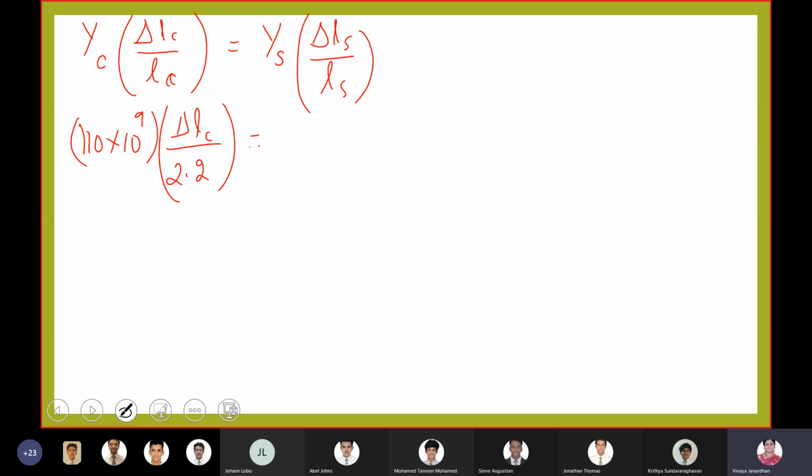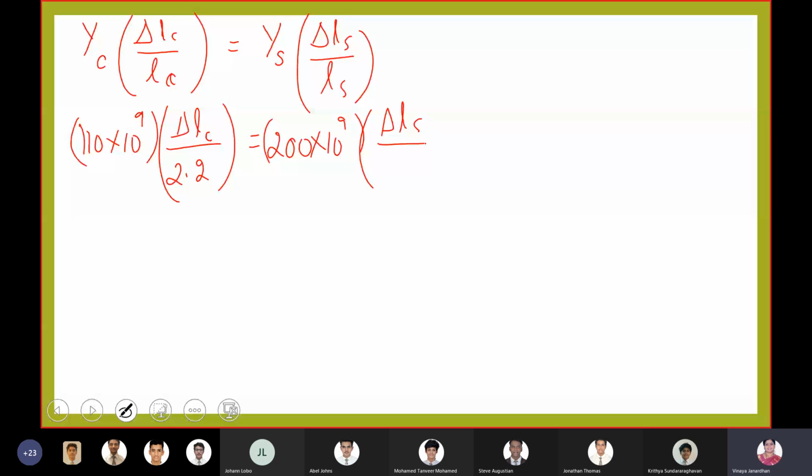Then what is the Young's modulus of steel? 200 into 10 raised to power 9. Correct, good. What is the length of the steel wire? 1.6 meters. Fine.